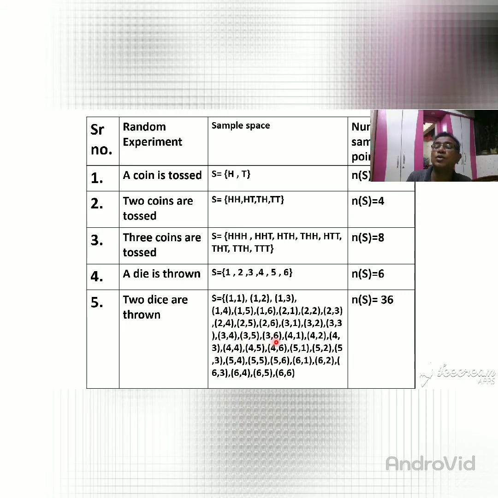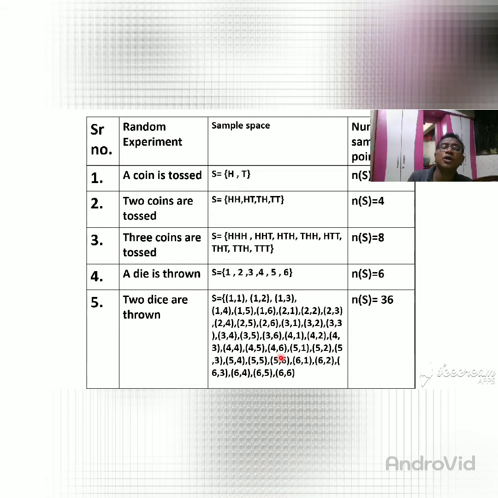So again here you are getting 6. So you can write the next number of 3. Which is the next number of 3? 4. So 4 1, 4 2, 4 3, then 4 4, 4 5, 4 6. Next number of 4, 5 1, 5 2, 5 3, 5 4, 5 5, 5 6. Next number of 5, that is 6 1, 6 2, 6 3, 6 4, 6 5, 6 6.